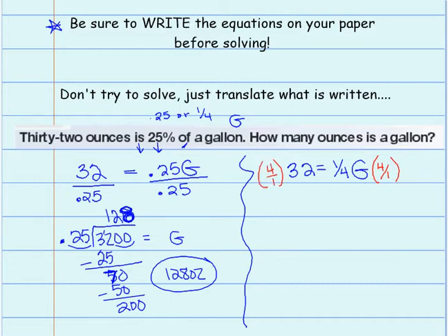Because if you take 1/4 times 4 over 1, that just ends up being 1. And that's what we want. We want this coefficient to go away so that all we have left over here is just G. 4 times 32 is 128, so we get 128 ounces.